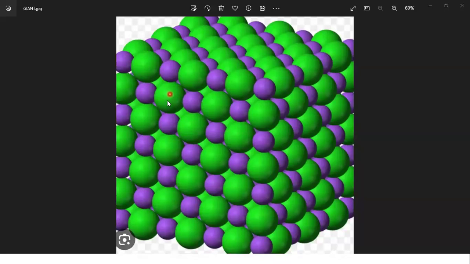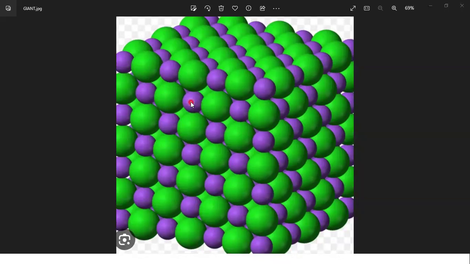This spotlight that you are seeing here, the red icon, this one may be the positive nucleus and the other energy levels of the atom, which we can call the metal cation. And this one may be the electron.